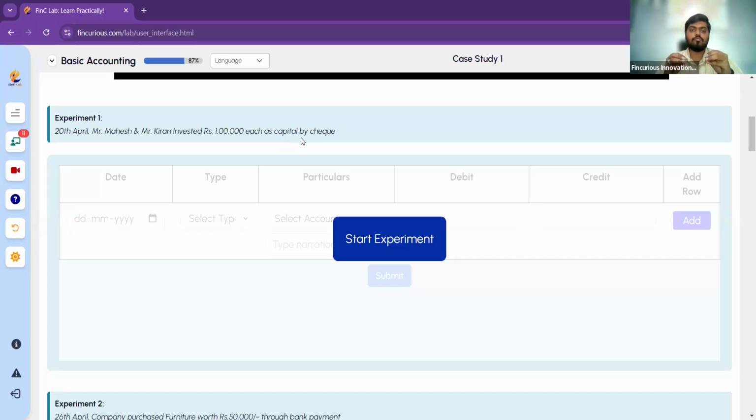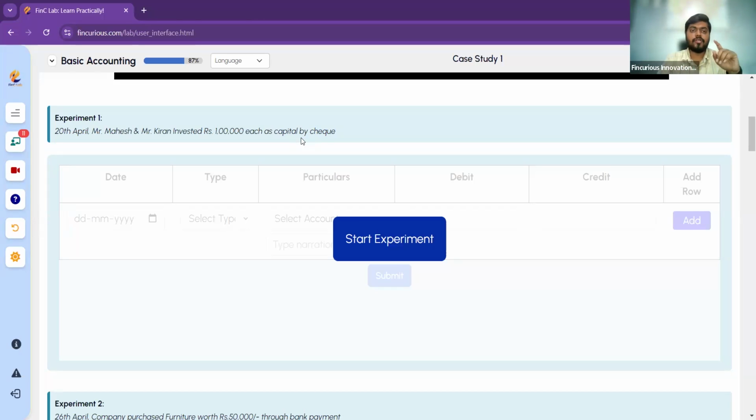Basically, these two people are starting a business, so in that business name they're giving the check. Who is giving? Mr. Mahesh and Mr. Kiran. Now, from the company's perspective, what is coming in? Cash or bank. Basically, the money is coming through the bank account. Bank account is one type of account.